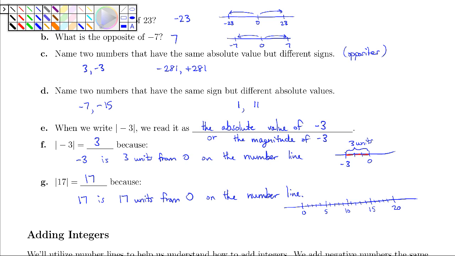So 17 is 17 units away from 0 on the number line. So if I put 17 there, this is 17 units.